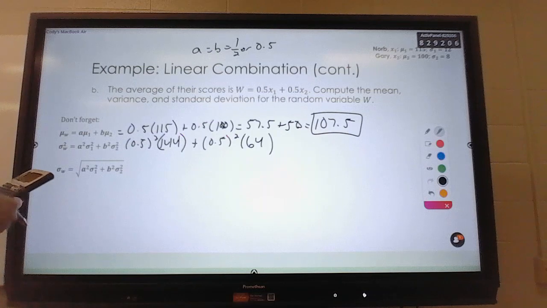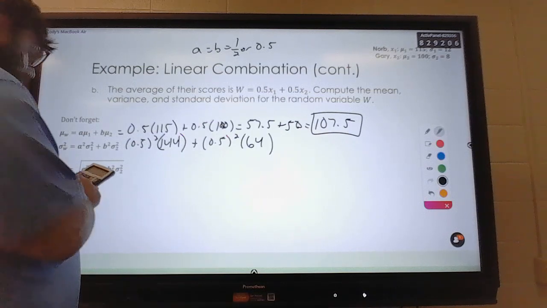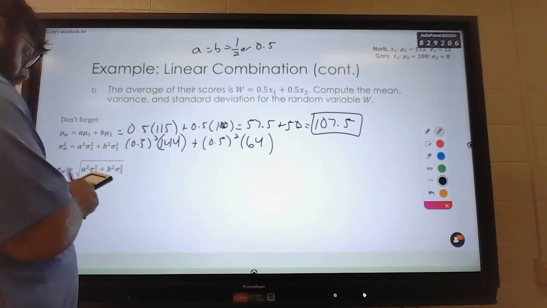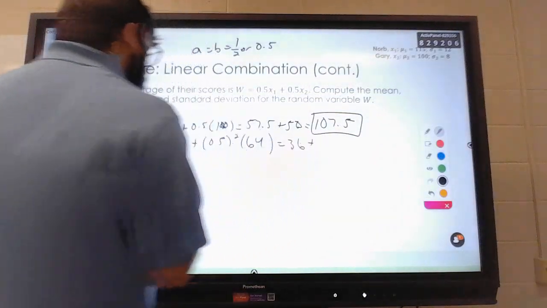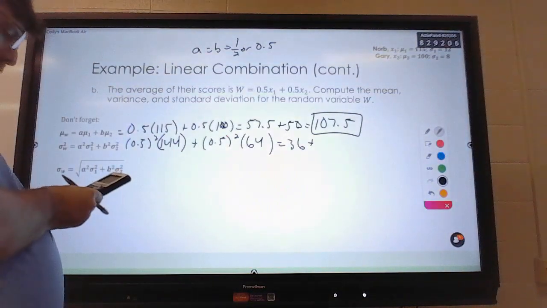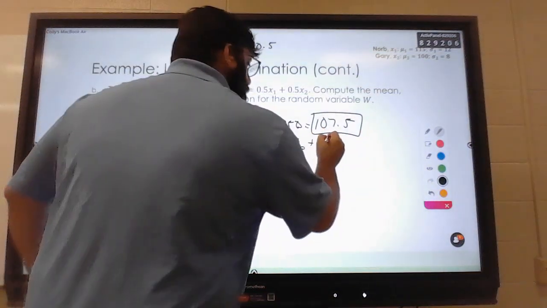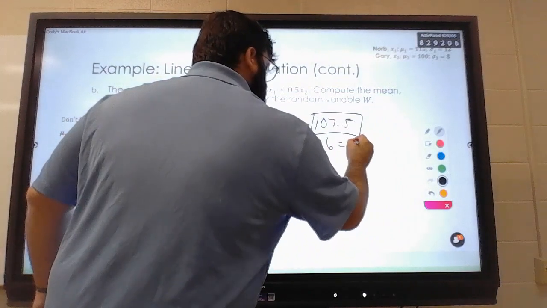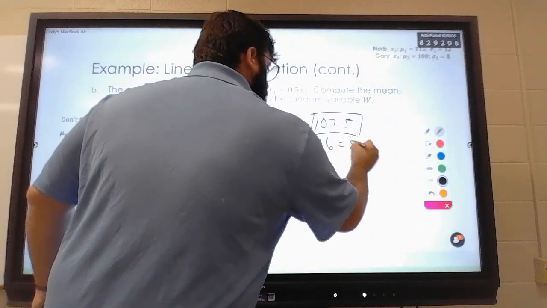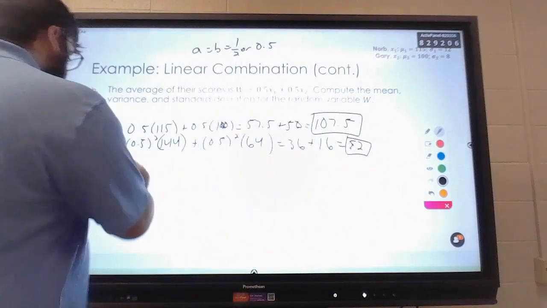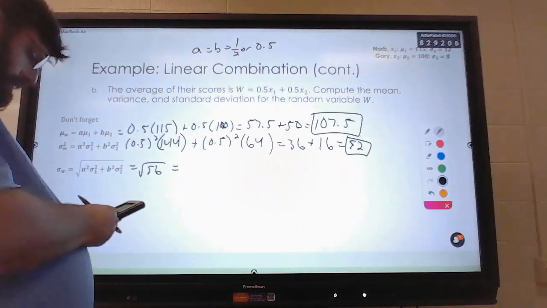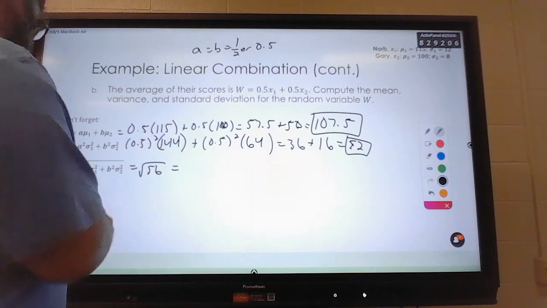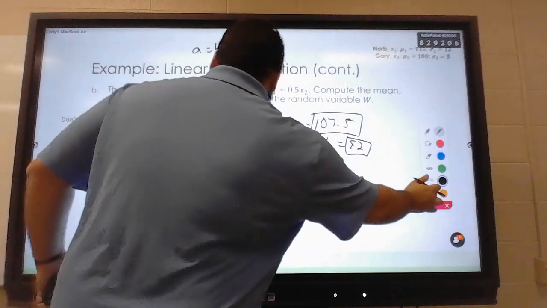Okay. So 0.5 squared is 0.25. So it's 0.25 times 144, which is 36. 0.25 times 64, that's 16. 36 plus 16, that's 52. There's my variance. Take the square root of that number. I'm sorry, 52, not 56.